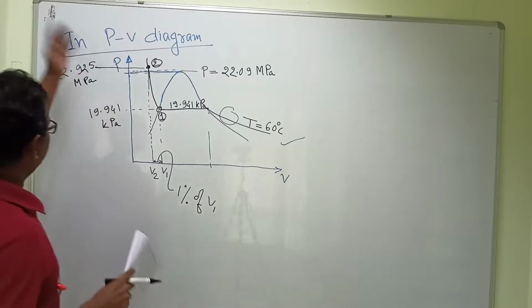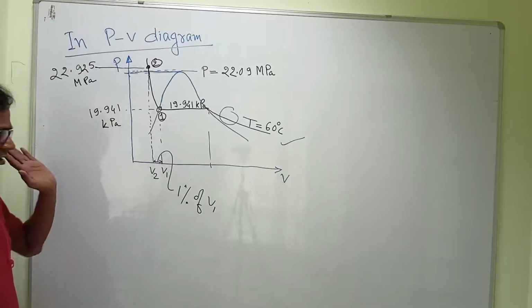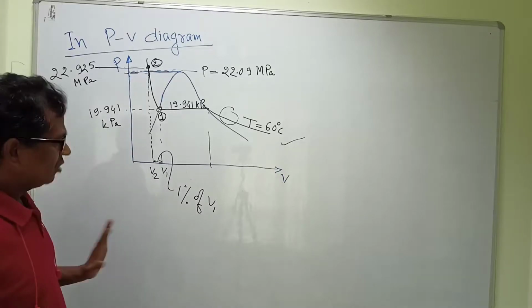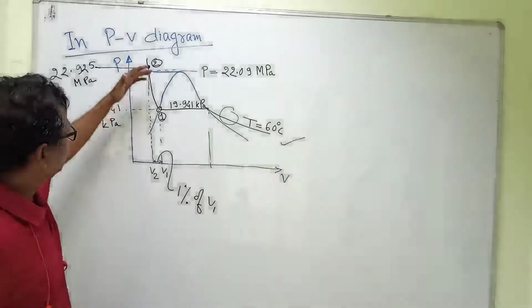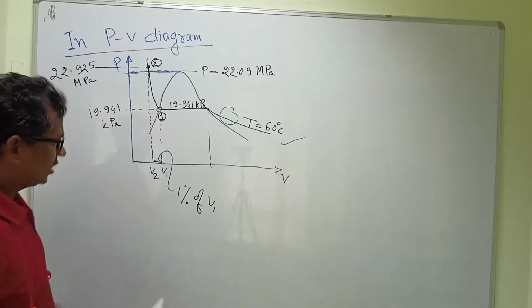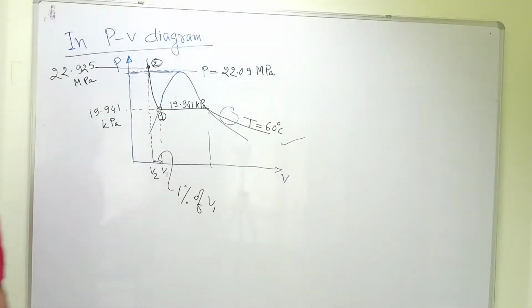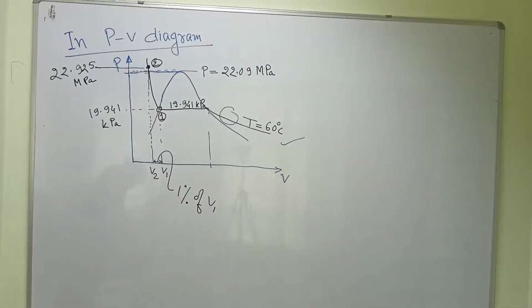So 1000 times. This diagram is not to scale, but try to understand this is far away on the pressure line. So this is one important observation.